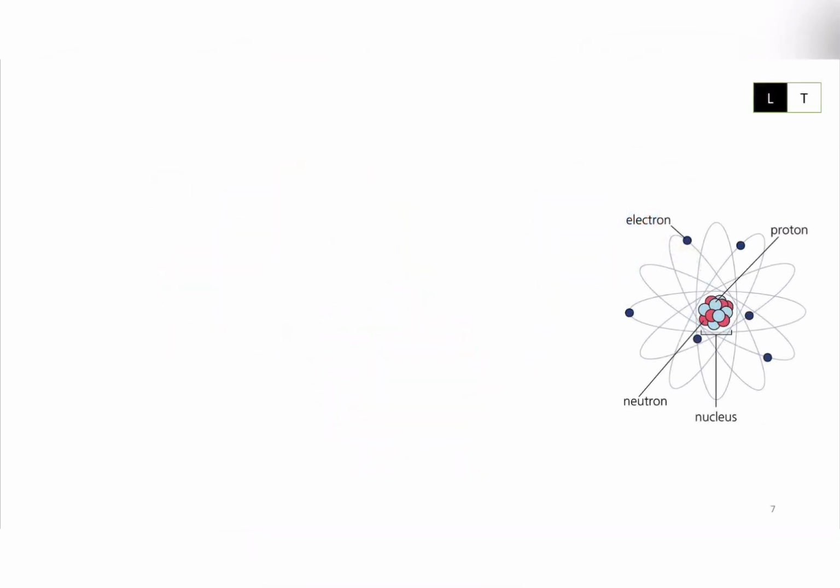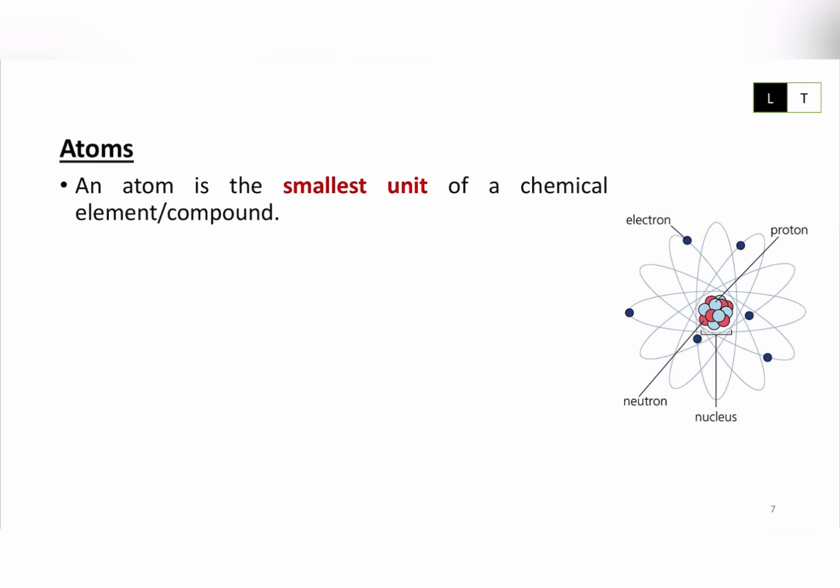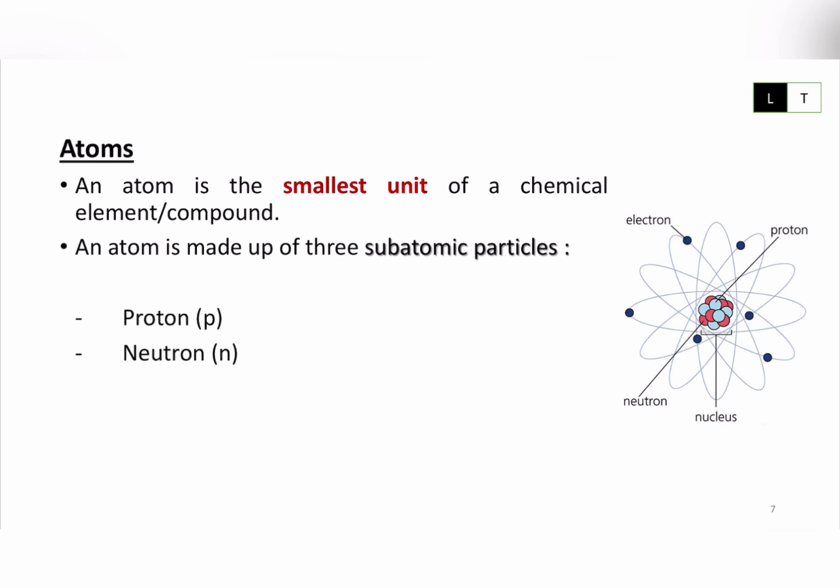Now let's continue with what an atom is. An atom is the smallest unit of a chemical element or compound, and it is made up of 3 subatomic particles. The 3 subatomic particles are proton, neutron, and the last one, electron.